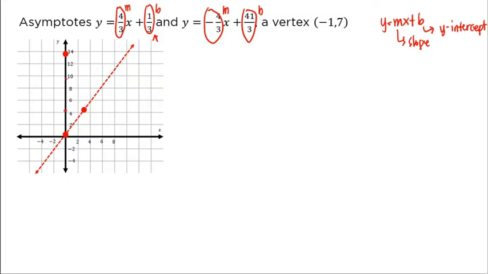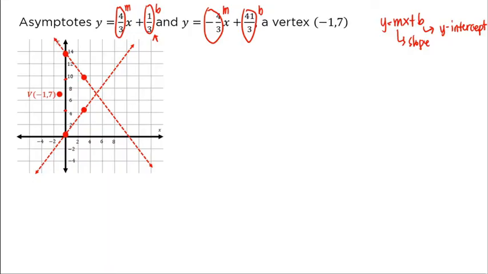So it is somewhere here, right? And 3 units to the right. So the other point is there. And connecting the 2 points, we have that line. Okay? And the vertex is (-1, 7). So there. So this is now the graph of these two lines and the point.